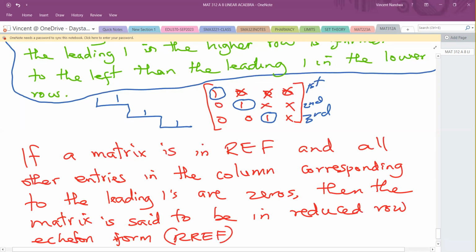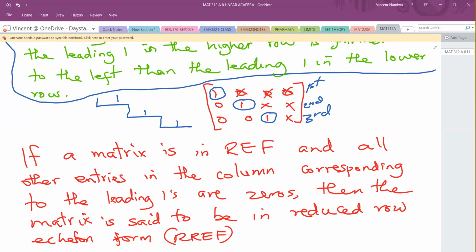So we are giving another definition here: if a matrix satisfies all the characteristics of a row echelon form matrix, and further, all the entries in any column having a leading one are zeros, apart from that leading one, then that matrix is said to be in reduced row echelon form.